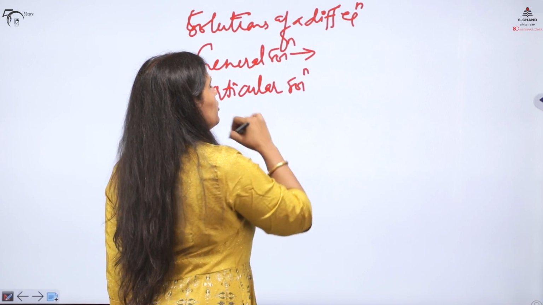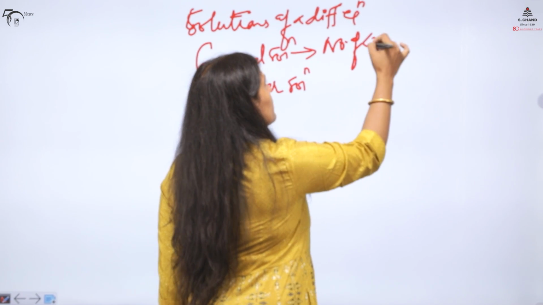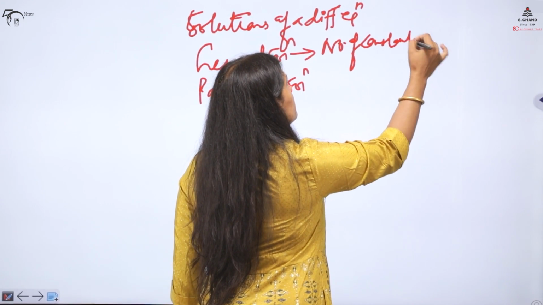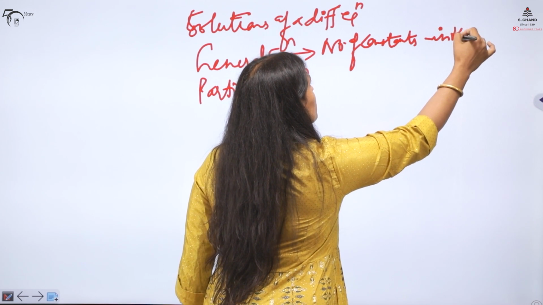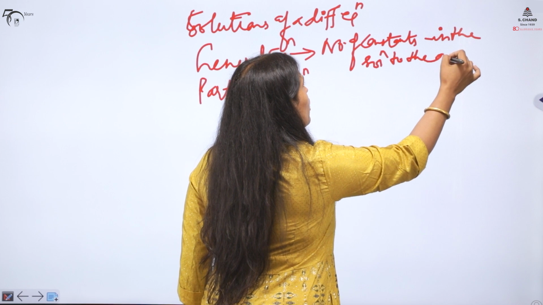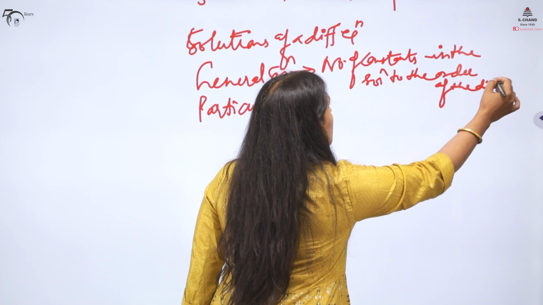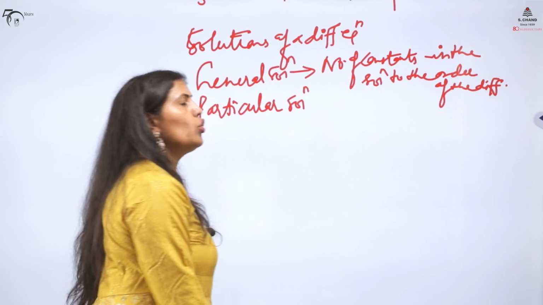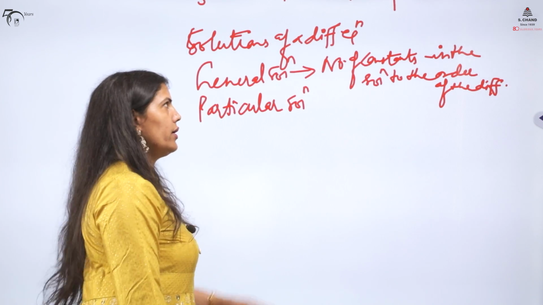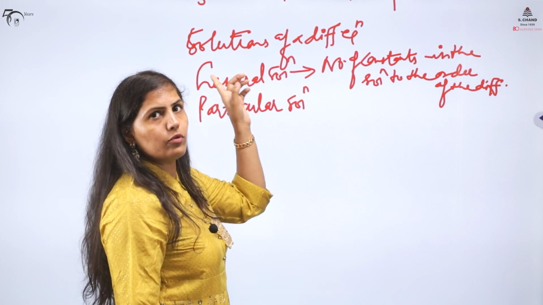So, general solution means the number of constants in the solution is equal to the order of the differential equation. That is, if the order is 2, then there are 2 constants in your general solution. If the order is 2 and there are 2 constants, you call it a general solution.